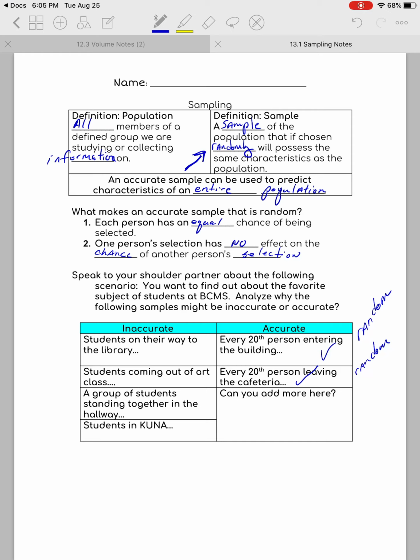A group of students standing together in the hallway. Why would that not be a good accurate sample? One would think it would be because it's just random students in the hallway.